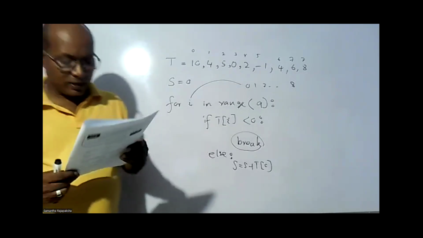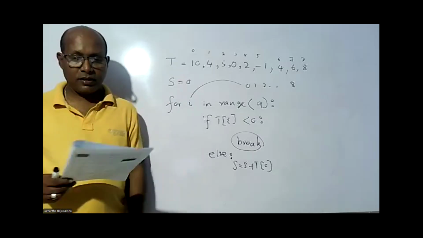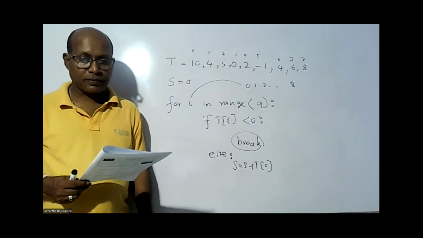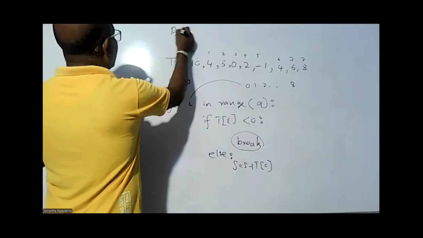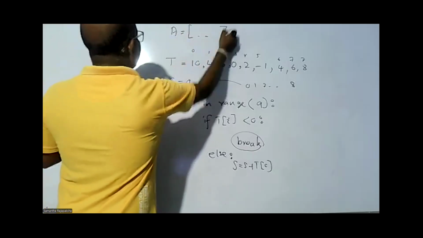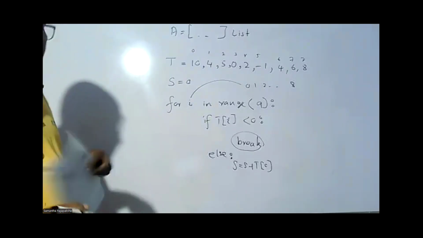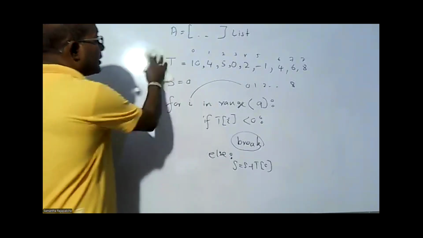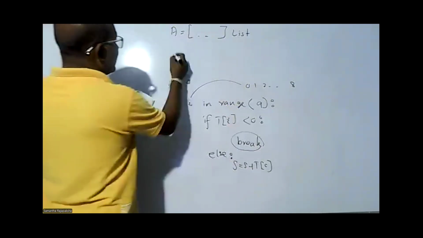Then, what is the name of the data type of the variable t? Remember, t should be a tuple. If you have data with square brackets, then it's a list. This one is a tuple. You can create a tuple like this, or you can create a tuple like this also.